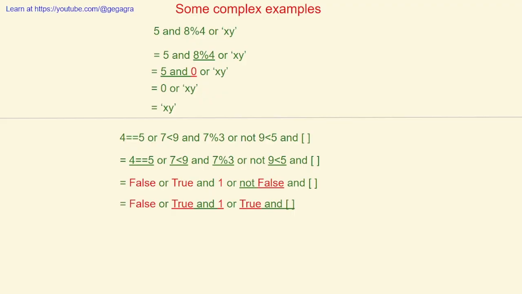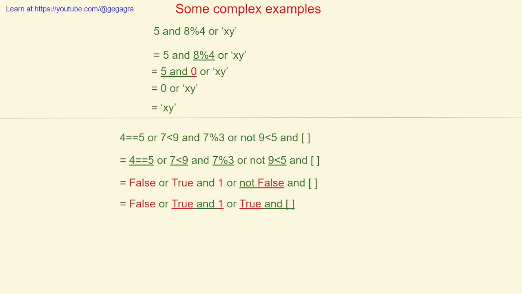For true and 1, we have to find the first false value. There is no false value, so it will return the last value, that is 1. And in the second case, true and empty list, there is no false value, so it will also return the last value.